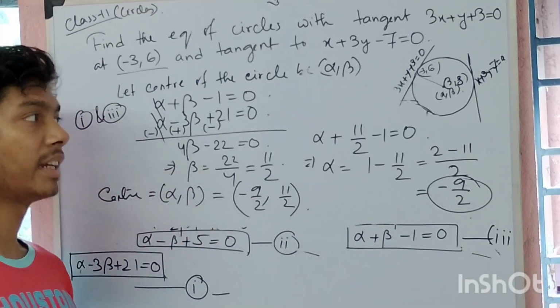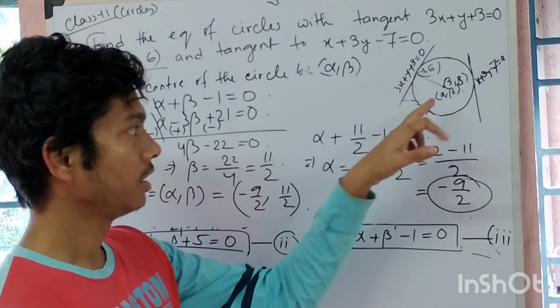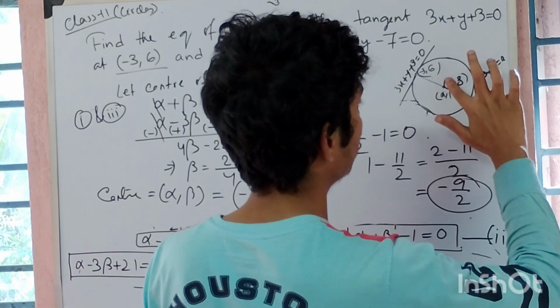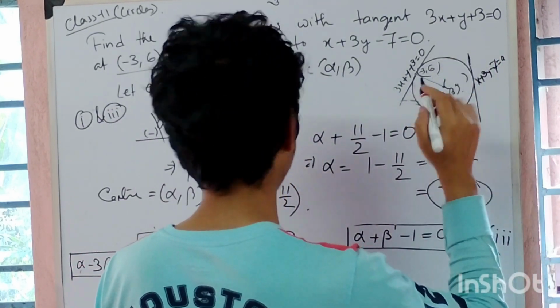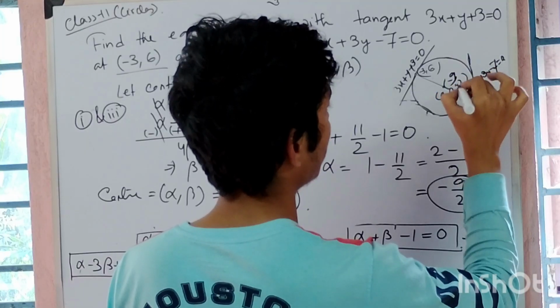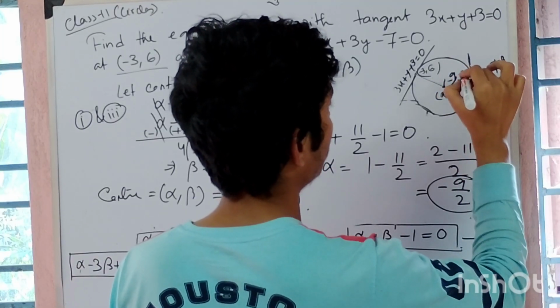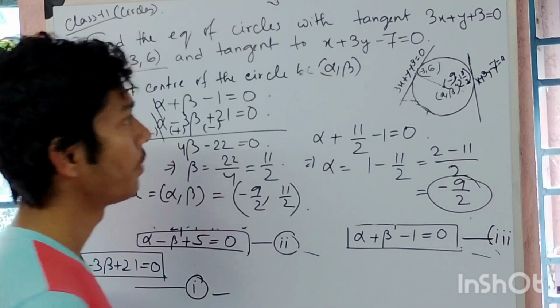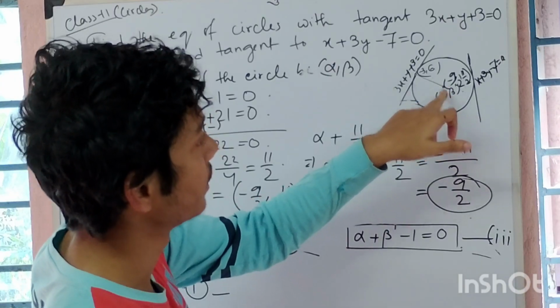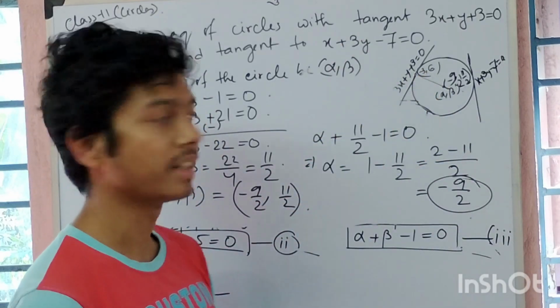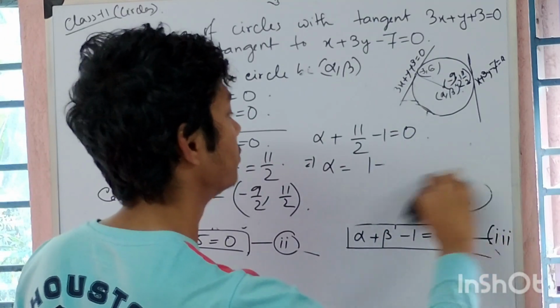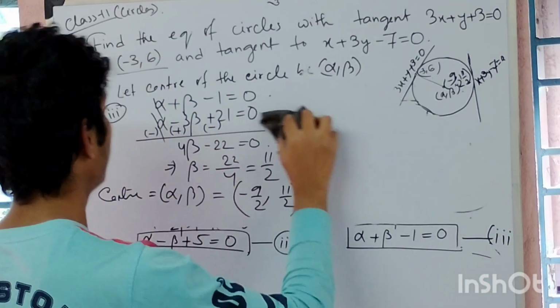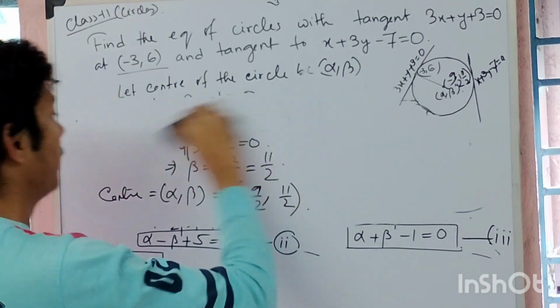Again I can easily find the radius. Now this is not 38 anymore. Now the center is minus 9 by 2 comma 11 by 2. Now find the distance between this point and this point. You will again get the radius. I am showing you by finding it out.